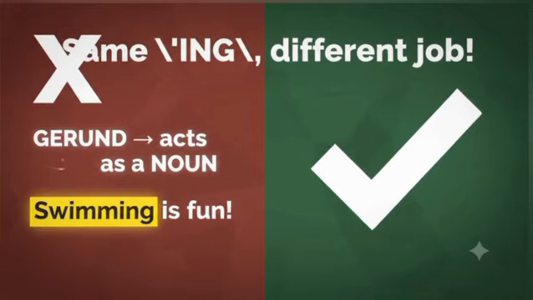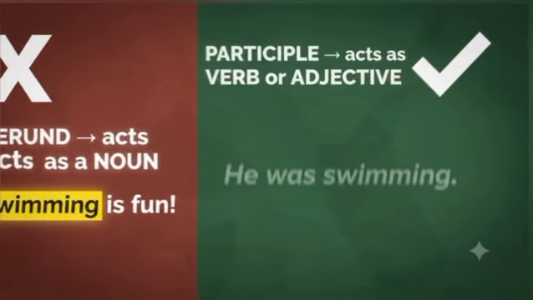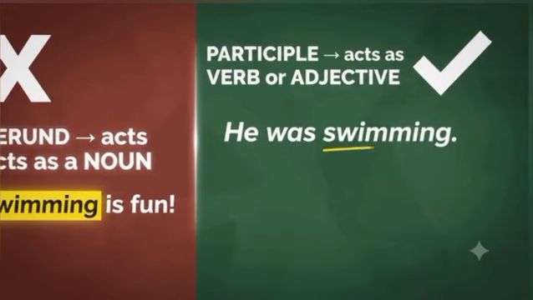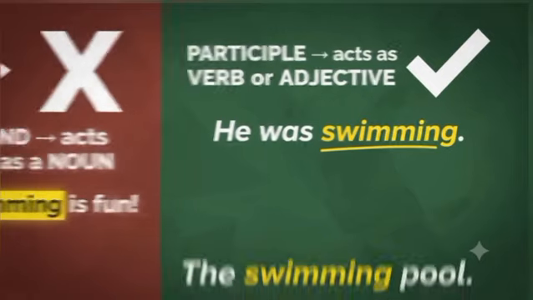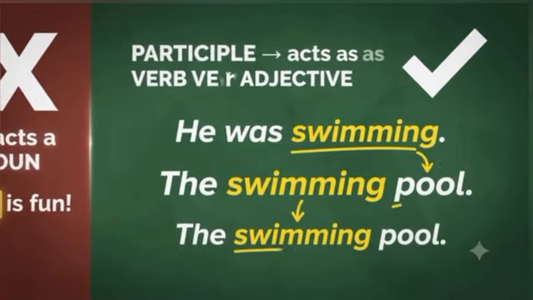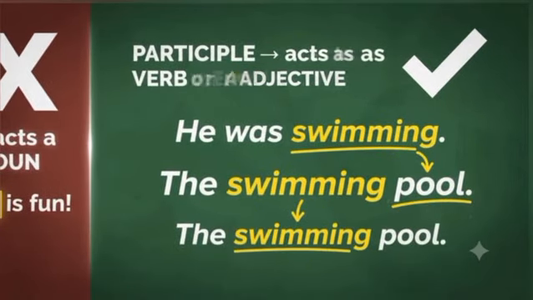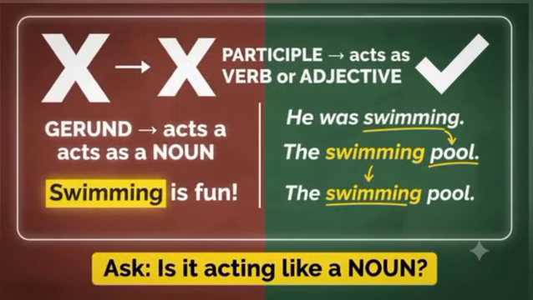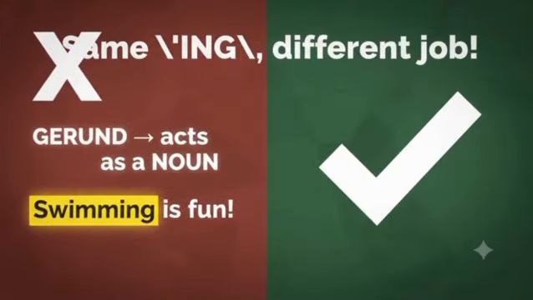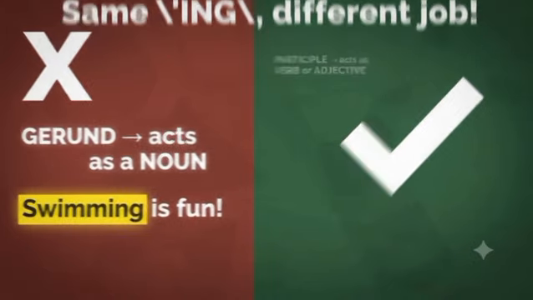Here is the trap that catches everyone. Gerund and present participle look identical. Means both end in ing, but their job is different. For example, swimming is fun. Here, swimming is a gerund, acting as a noun. He was swimming yesterday.